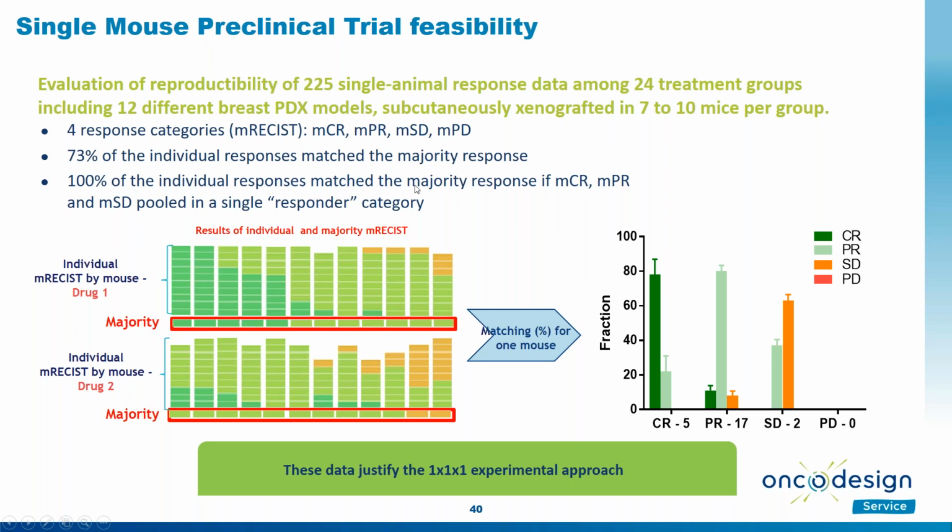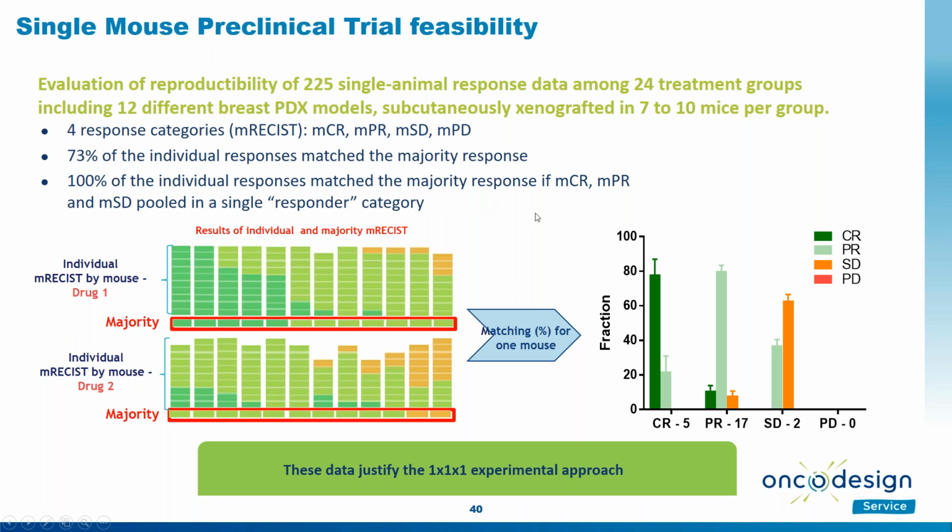When you pool the complete responder, the partial responder, and the stable disease in one single responder category, in fact, we obtain 100% of the individual responses matching the majority response of the group.